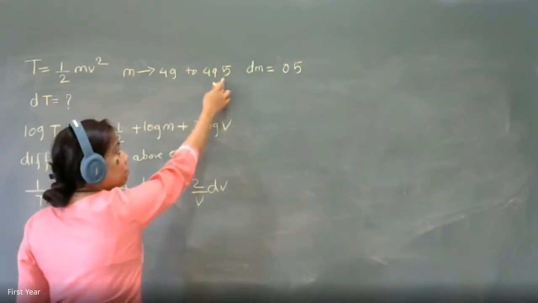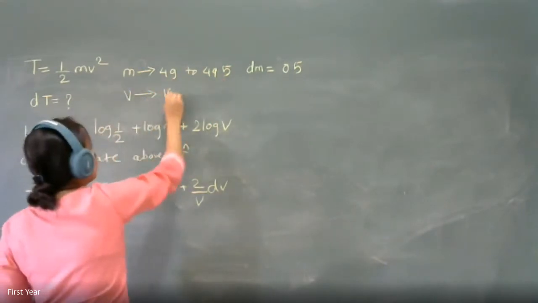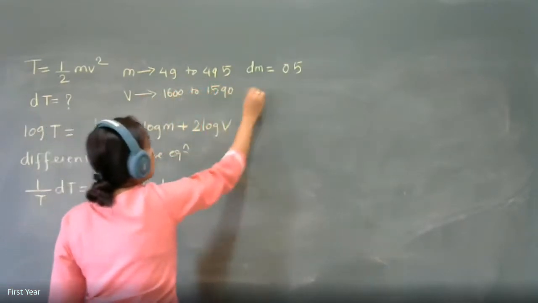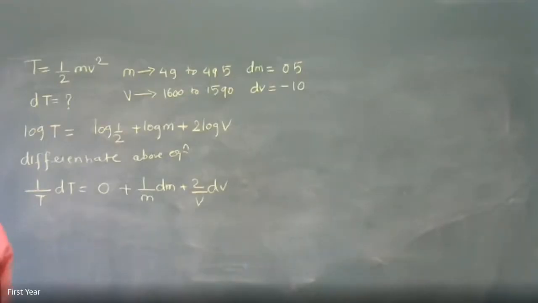V is changing from 1600 to 1590, which means it is decreasing. So what will be the change in V? Minus 10. It is reducing, so minus. If it is increasing, then plus. Same thing as in the previous question.